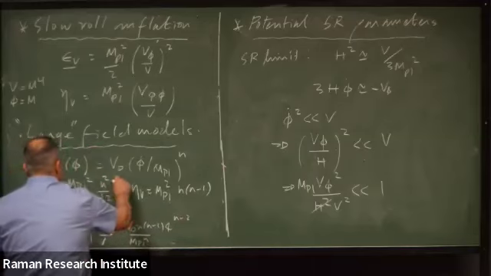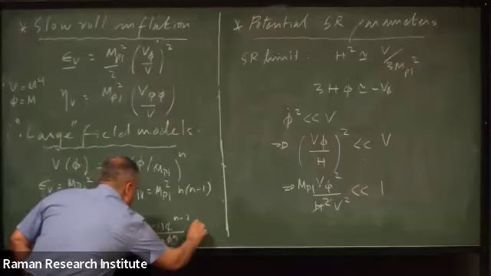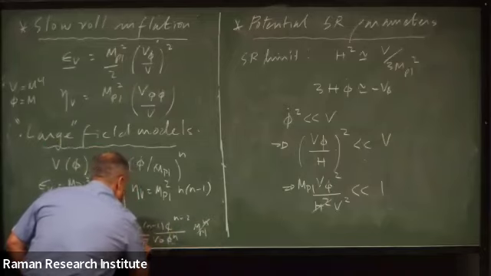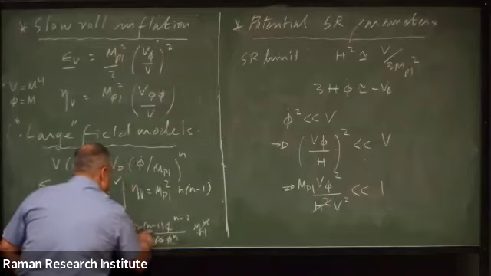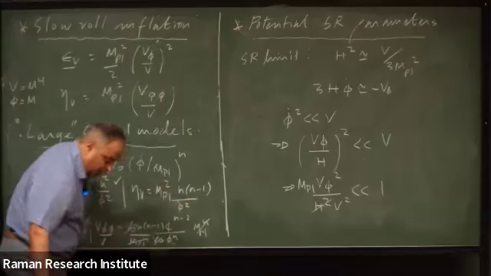Okay, so it is n squared. This is correct. V naught goes away. N minus 1 by phi squared. This is what it is.